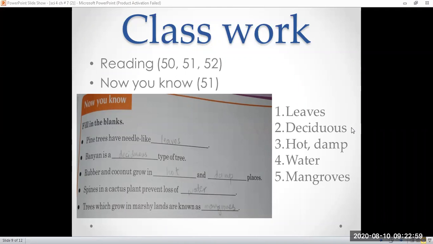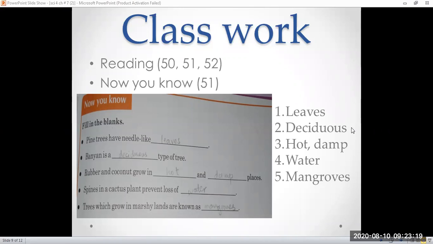So we are on page number 50, and now Zainab has read the plants in desert. So now you are going to read from the plants in marshy areas. Okay. Should I start? Yes.